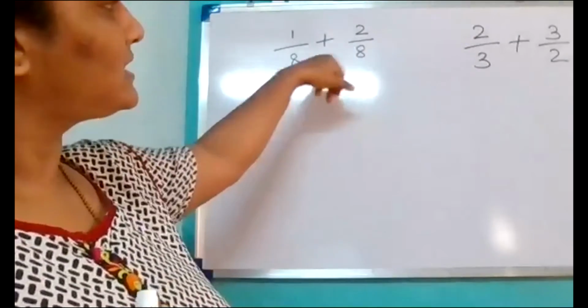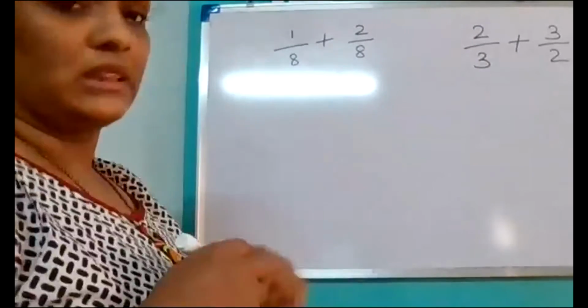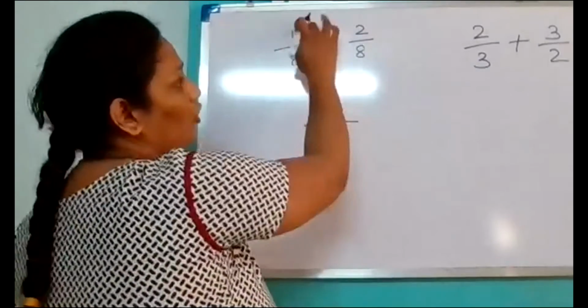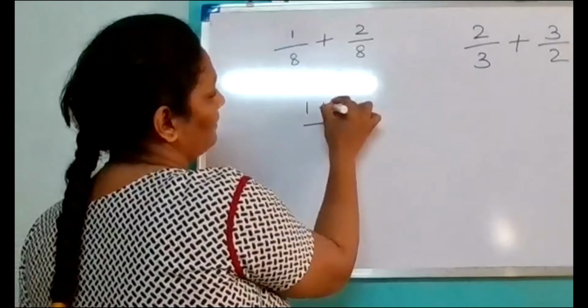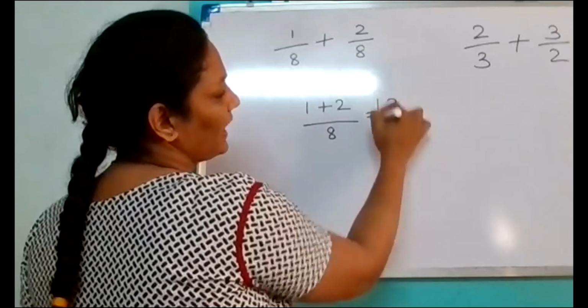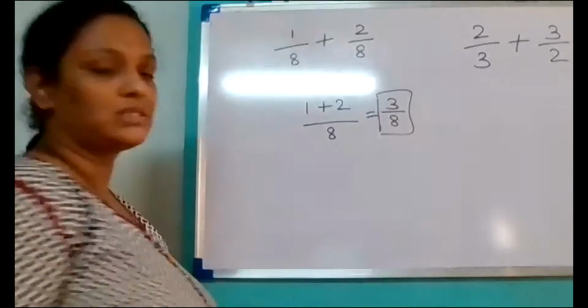Now, because we have the same denominator here, the denominator remains as it is, that is 8, and we only add the numerator. So 1 plus 3 is equal to 4 upon 8. So this is the answer.